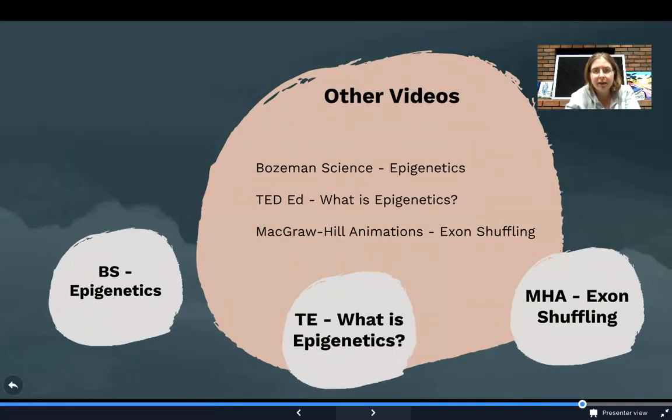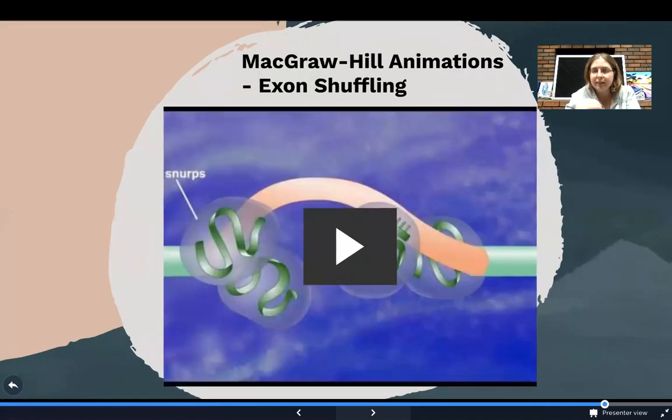And then we have McGraw-Hill Animations, which looks at exon shuffling. So again, this is looking at the idea of getting the most out of our genetic material by using the same DNA gene sequence to make multiple proteins. So again, just some more information to help with that.